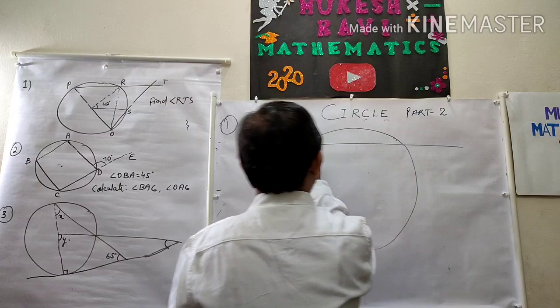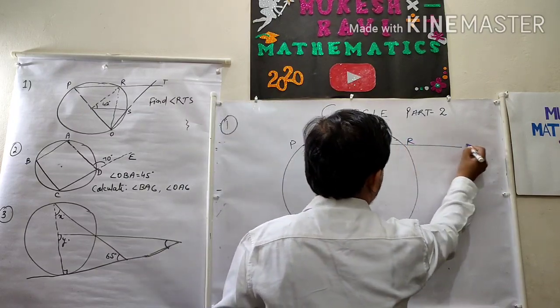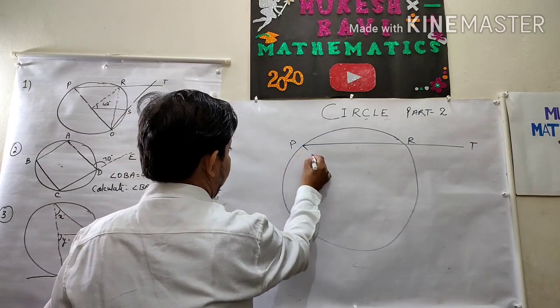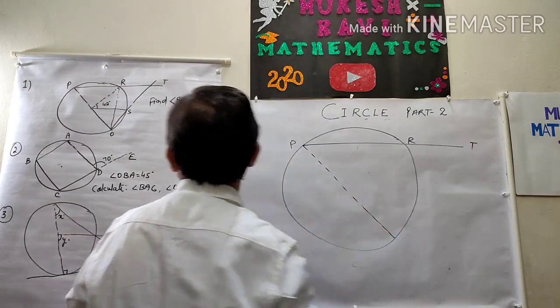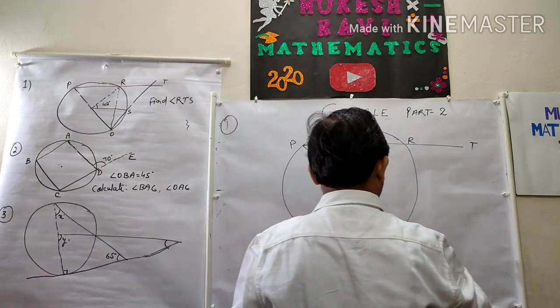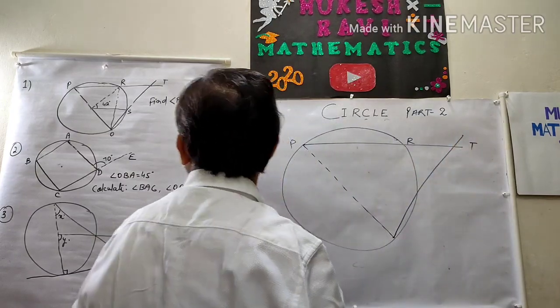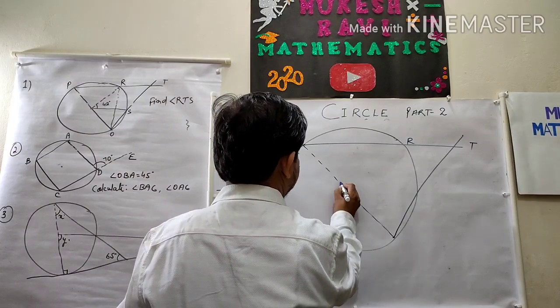PRT, and this is, and then we will provide this line. Joining here, and then this is a center.